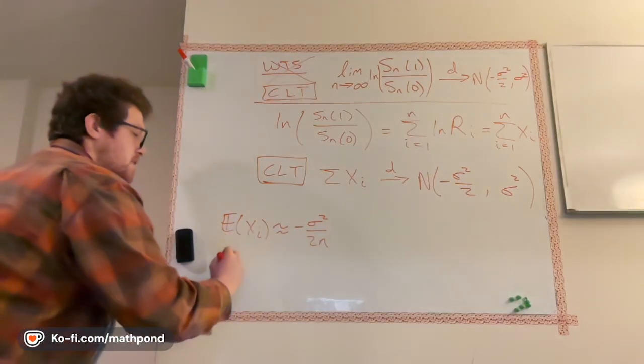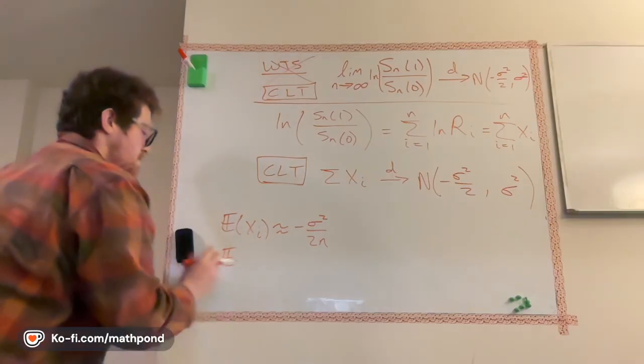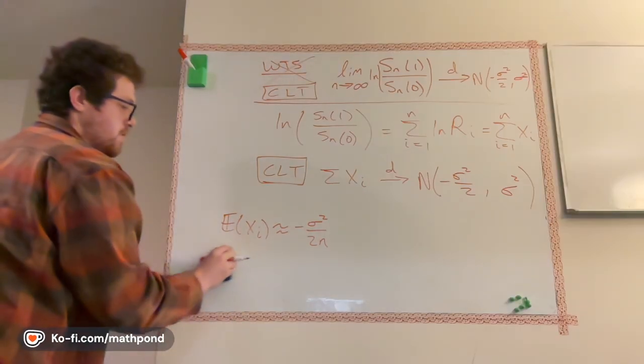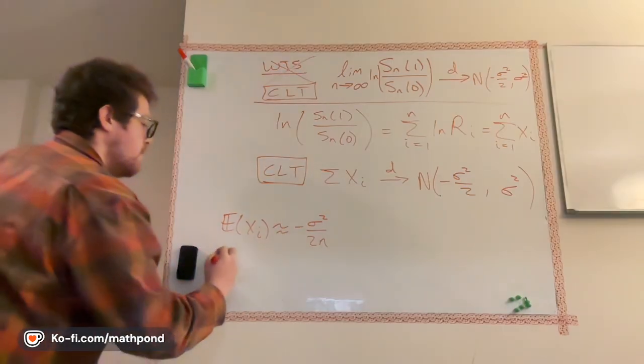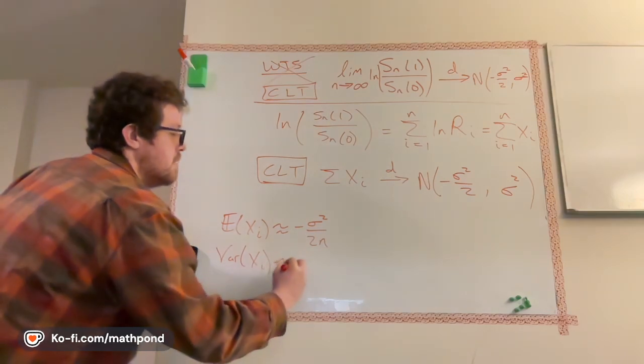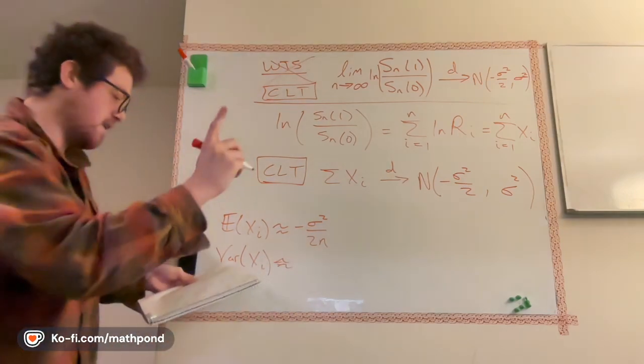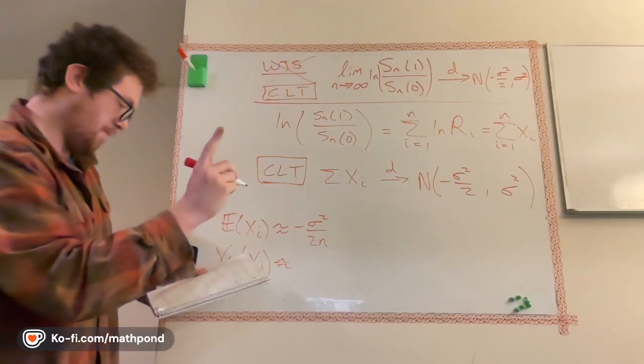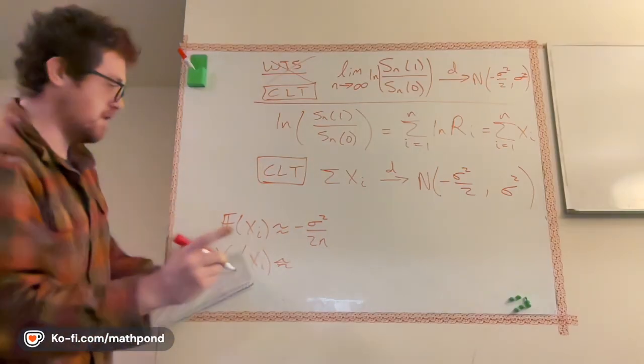So the variance of the xi's was also approximately, not exactly equal to, but approximately sigma squared over n.